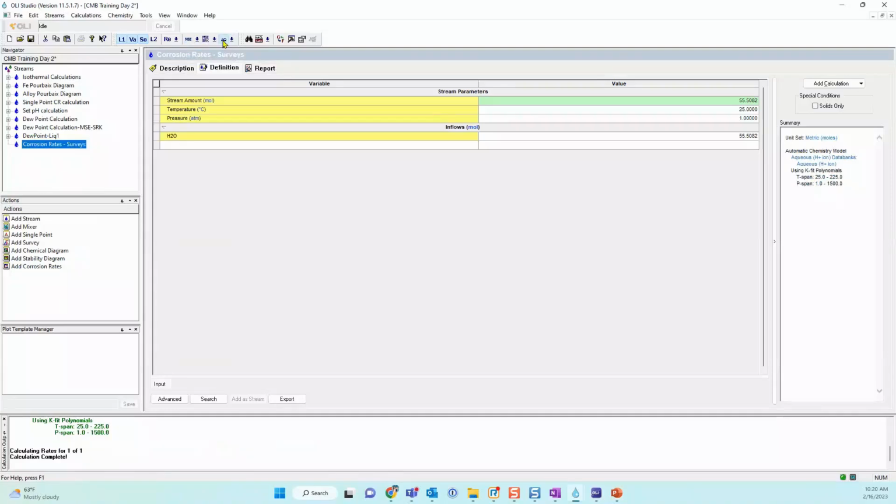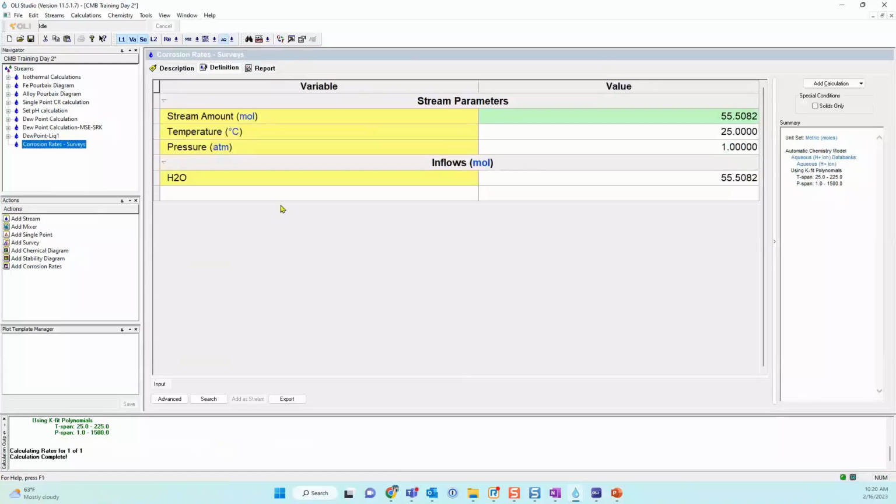The second thing I want to do is make sure I'm happy with my units. Do I want to work in moles? Maybe you want to change some units. Metric batch moles is the units.